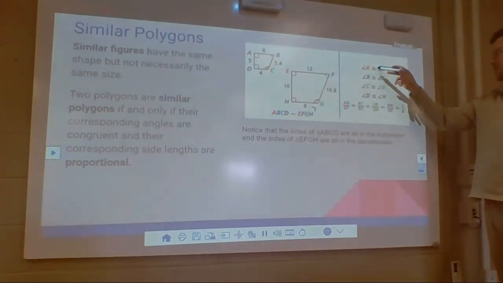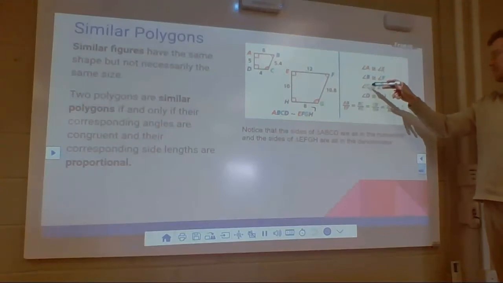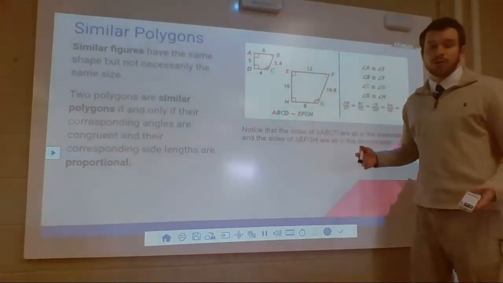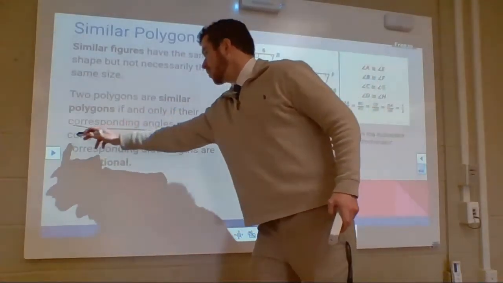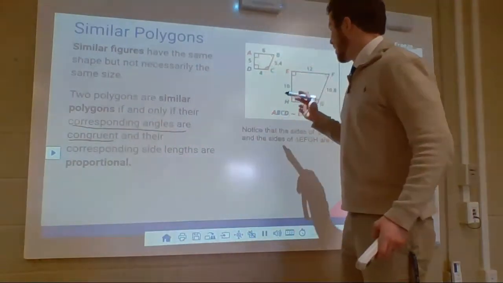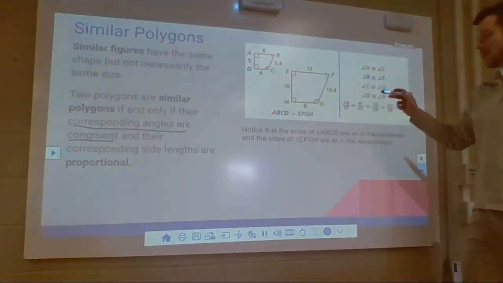Angle A is congruent to angle E, angle B is congruent to angle F, angle C is congruent to angle G, angle D is congruent to angle H. So we know these are similar because their corresponding angles are congruent. So it checks that box. We have the congruent angles.